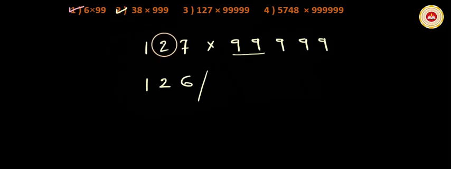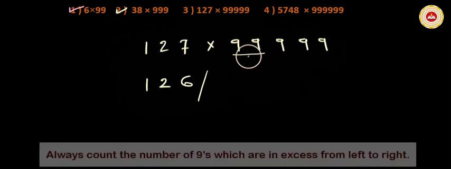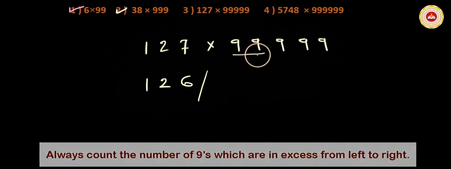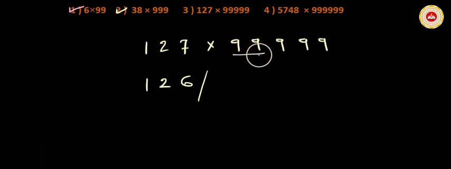3 digits in multiplicand and 5 digits in multiplier. That means first 2 digits, first 2 9s are in excess. And always count number of excess digits or excess 9s from left to right. So there are 2 9s in excess and we marked it.